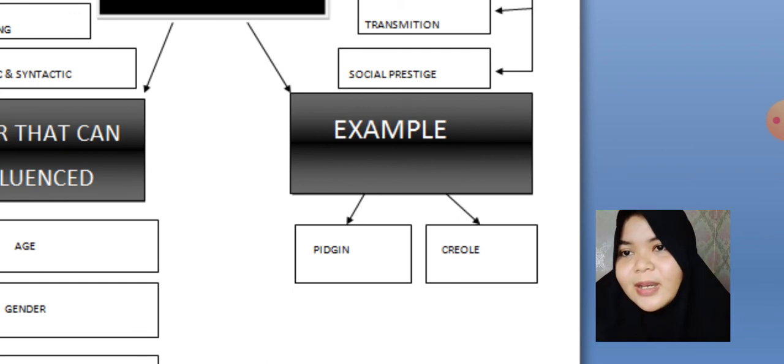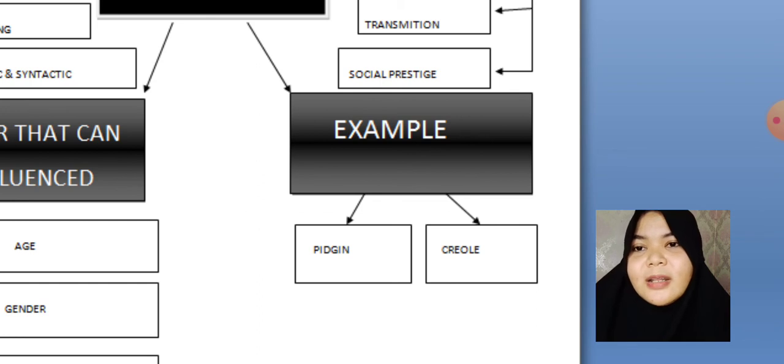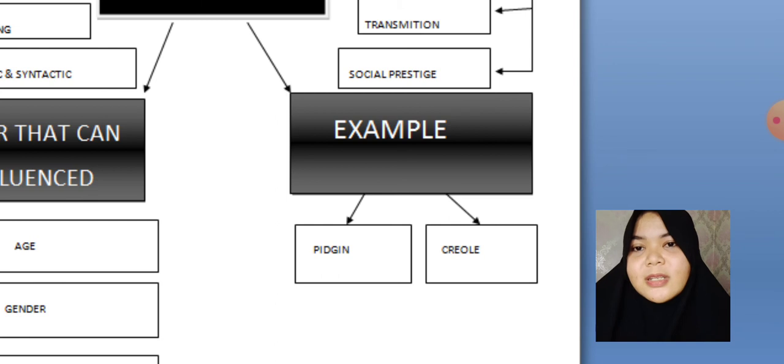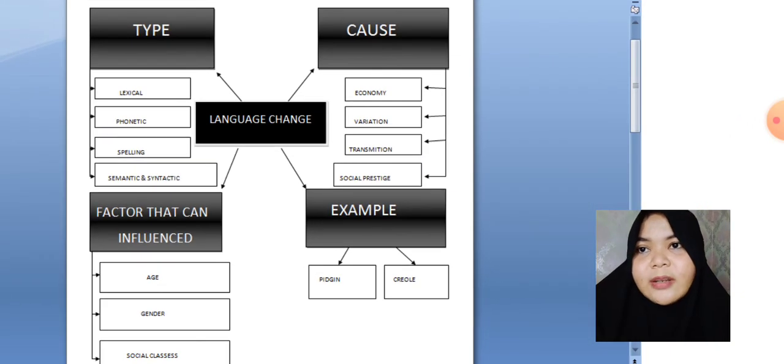In Jamaican Creole, the way they say "me" has a different sound. That is what we call Creole, the example for language variation.